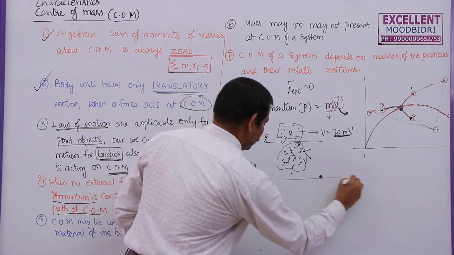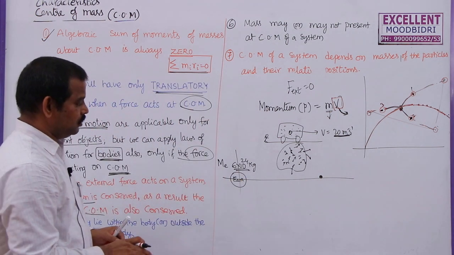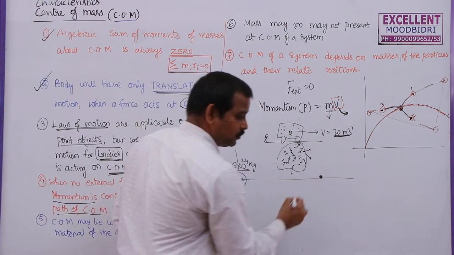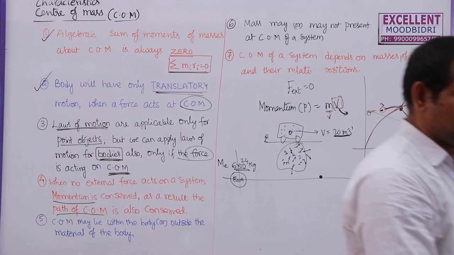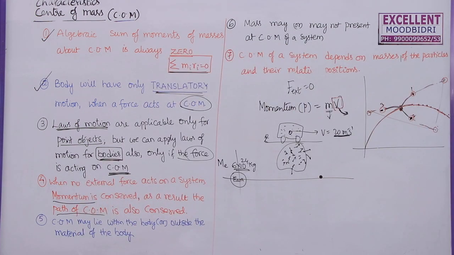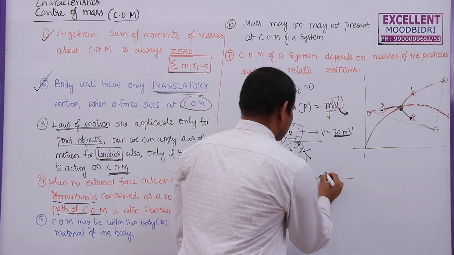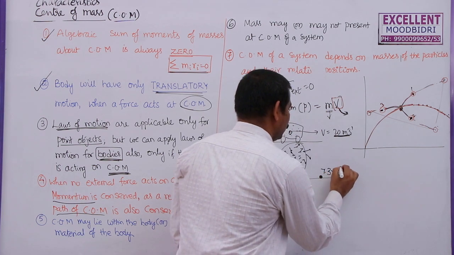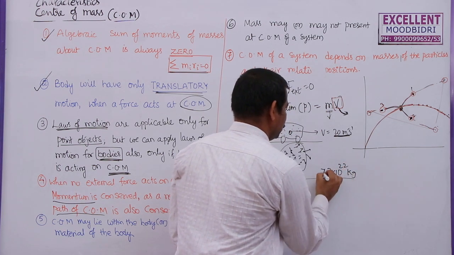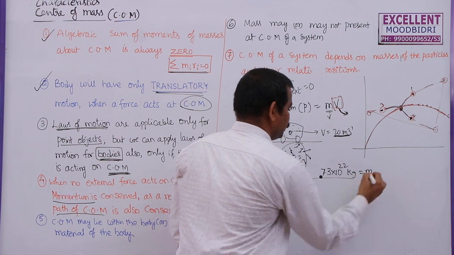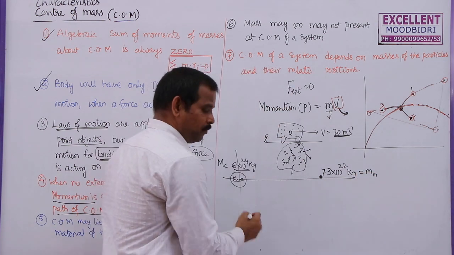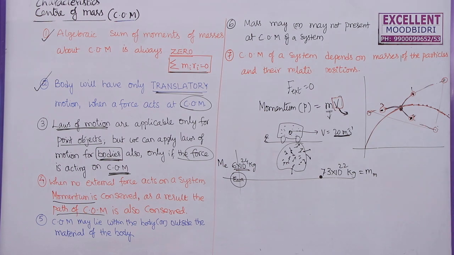If you take the earth at the origin, the mass of the moon is 7.3 into 10 power 22 kg. This is the mass of the moon. Here the earth and moon are separated by a distance, given here as 4 into 10 power 8.